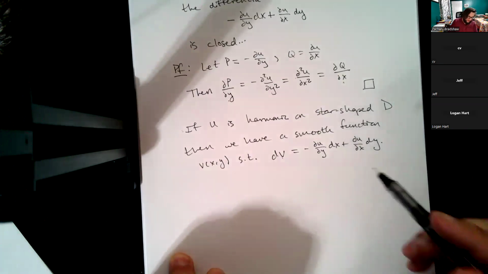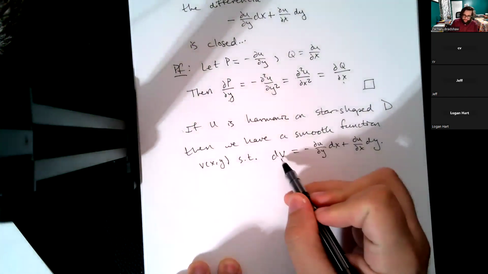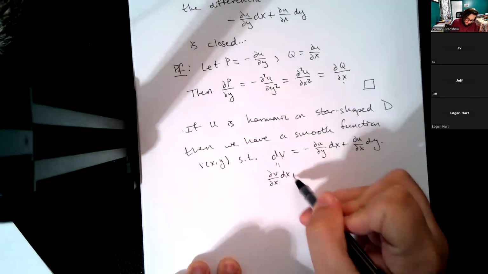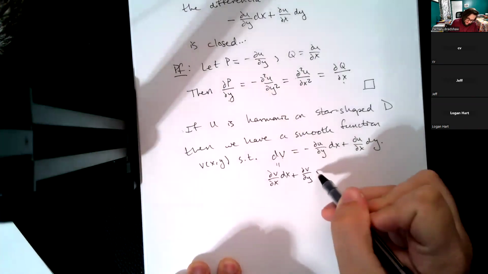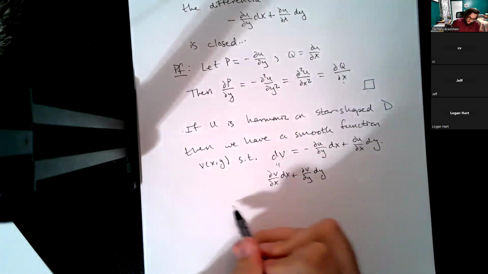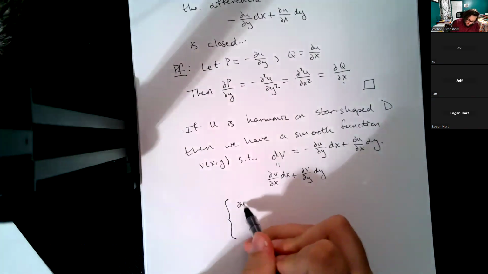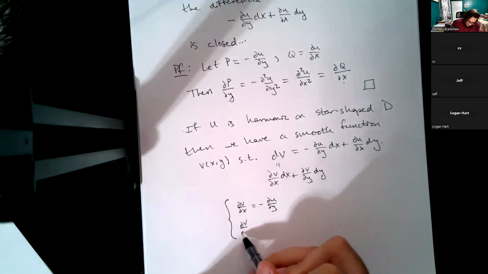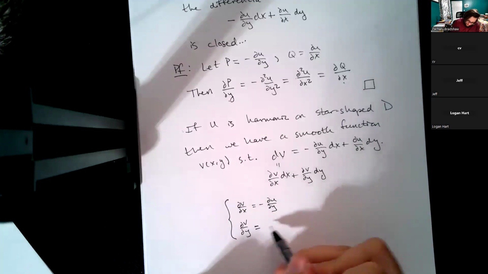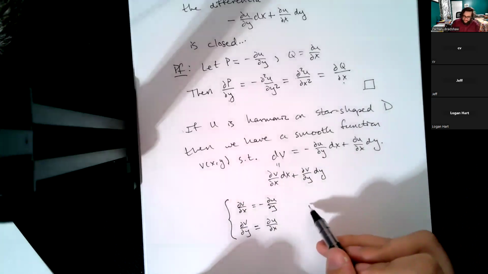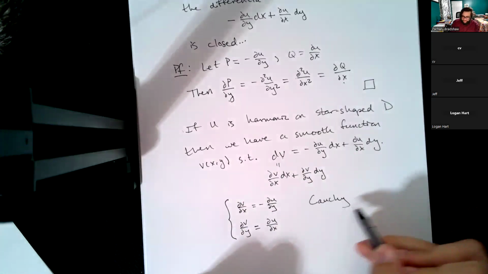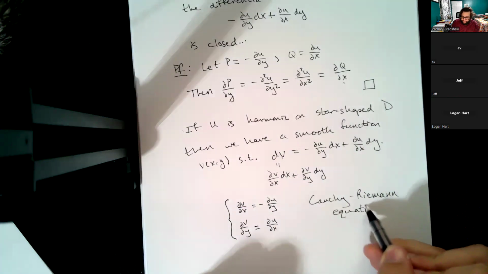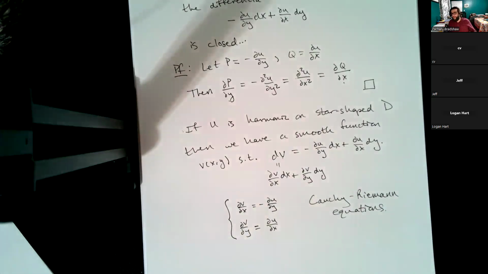What is this equivalent to? If we write out the differential of v, we find that this is dv/dx dx plus dv/dy dy. And so this is equivalent to the conditions, and we recognize these as the Cauchy-Riemann equations, which we derived when we introduced analytic functions.